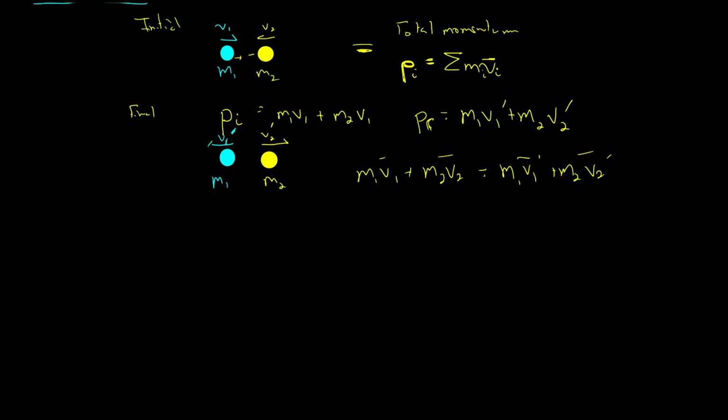I started by saying momentum is a conserved quantity, but I could take Newton's second law in this form and say that if there was no net external force, there would be no change in momentum, which describes conservation effects. And so let's look at collisions.